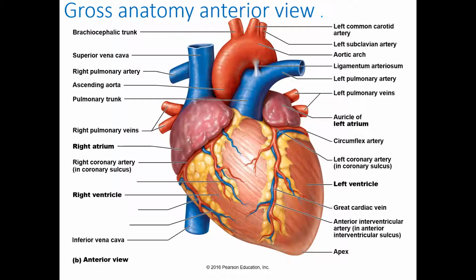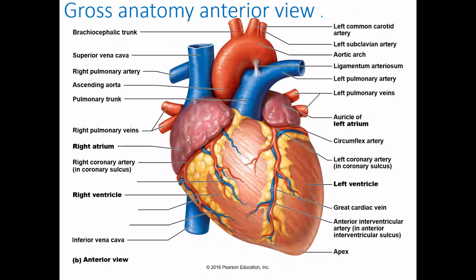And the artery is called the anterior interventricular artery. It sits in the anterior interventricular sulcus. Sulcus means groove. Interventricular means between the ventricles, and anterior means in the front.